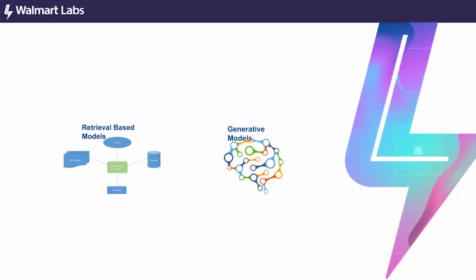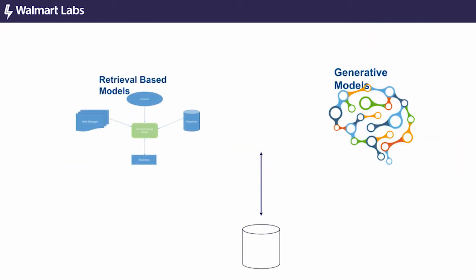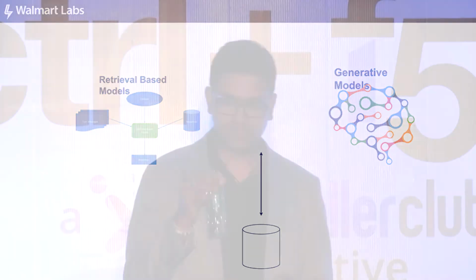Let me try and give you the generic architecture that any of these bots are going to use. In the middle, you're going to have this bot brain. It can be a retrieval-based model. It can be a generative model. It can be an amalgamation of both of them at some levels. Eventually, you are going to start integrating it with your product's data store.